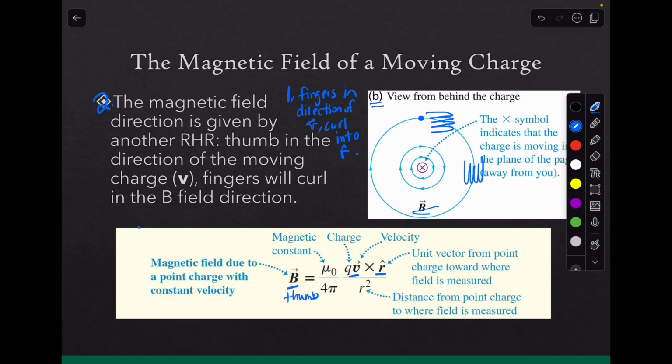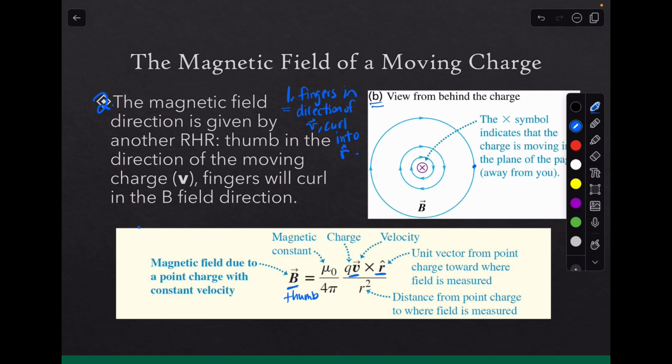And then they'll be pointing this way and this way as you curl them around the circle. So doing it the second way shows you all of the points and the handedness of the B field. If you want to know the B field in one location, you could just use number one. They both work here though.